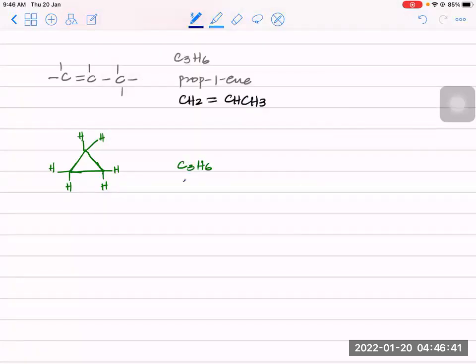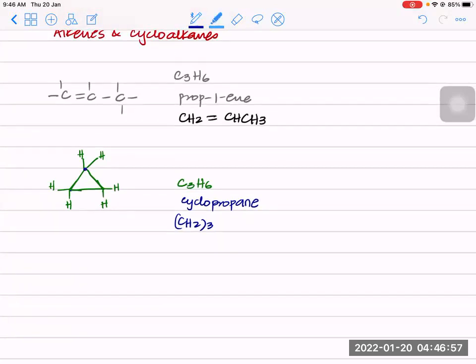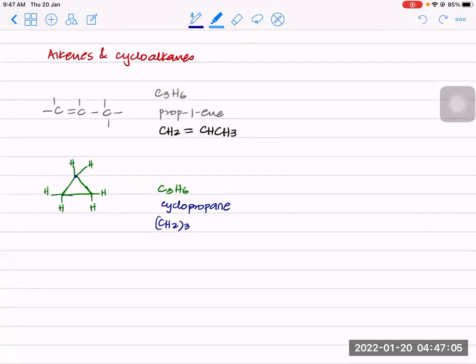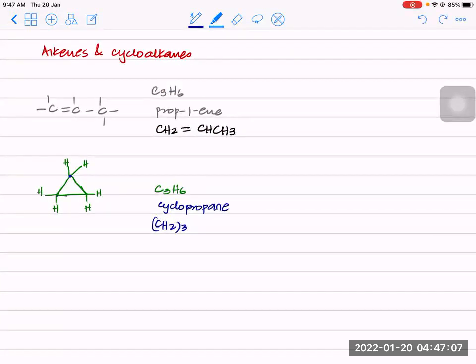What will be the name though? This will be cyclopropane. What will be the structural formula? CH2, how many times? Thrice. So CH2, CH2, CH2. Do you see molecular formula is the same? What is different? Structural formula. Therefore, they are what? Structural isomers, but which type? They are functional isomers of each other.